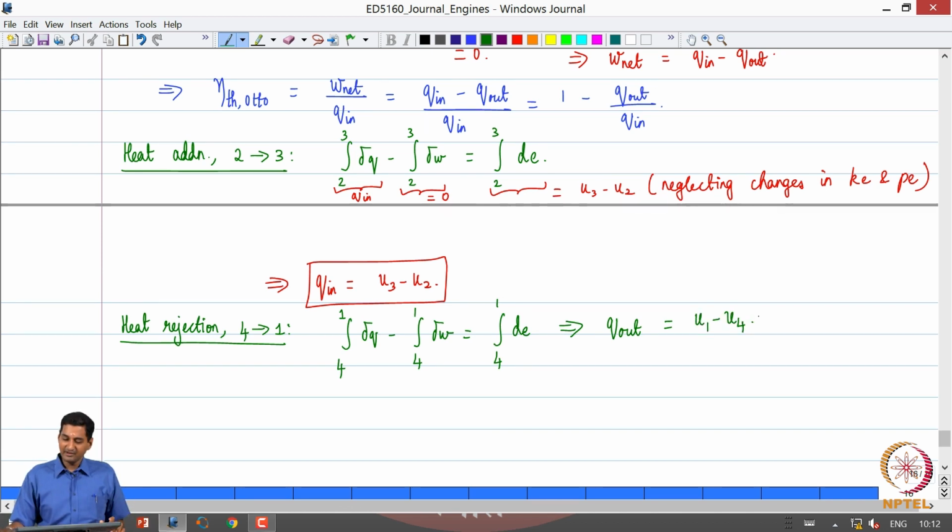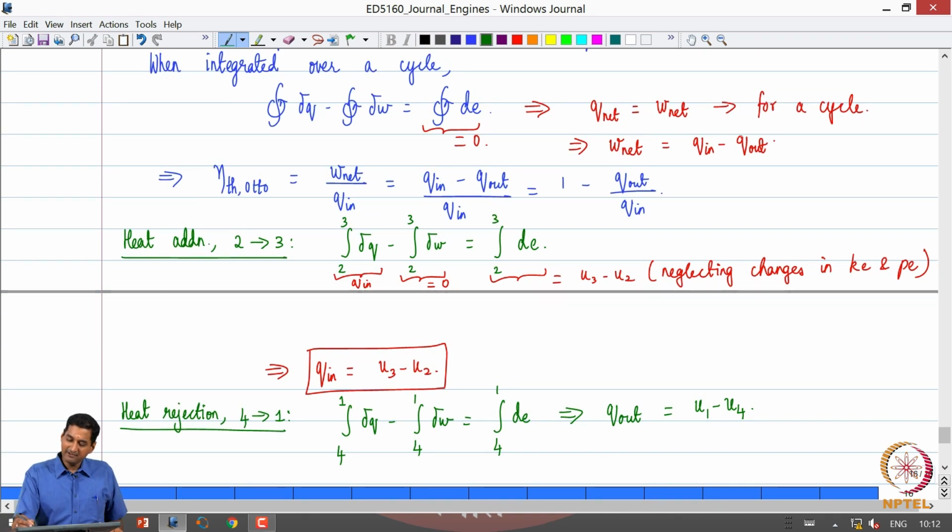Of course, here I have to be very careful, I should have written this as the absolute value of Q out, okay, because Q out is the heat rejected from the Otto cycle, right. The sign convention in thermodynamics is that if heat is taken from the system, its sign is negative, okay, and if heat is given to a system, the sign of that quantity is going to be positive, okay. So, that is the sign convention that we utilize, right.